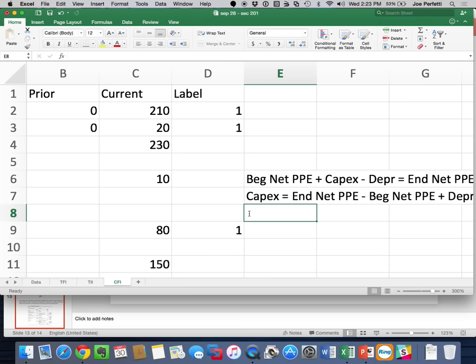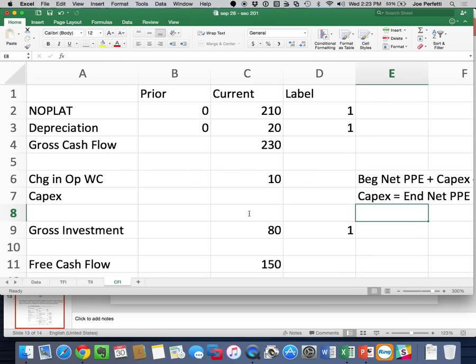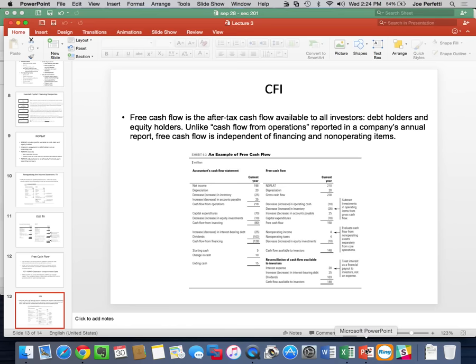Just rearranging that algebraically. So that's what we're going to use to solve for CapEx. And you might say, gee, why are we solving for CapEx? Because on the GAAP statement of cash flow, the company gave us CapEx, right? In fact, if you go to the PowerPoint, here is CapEx listed on the accounting statement of cash flow, right?